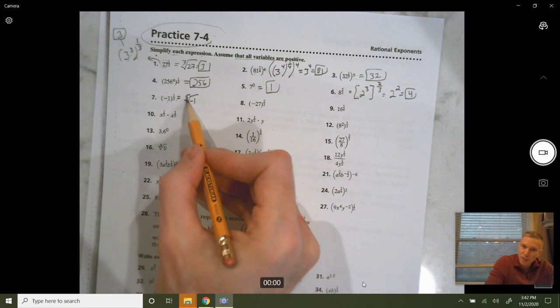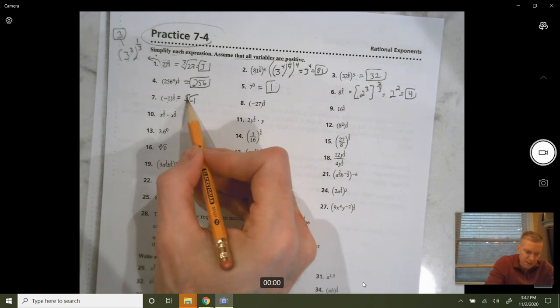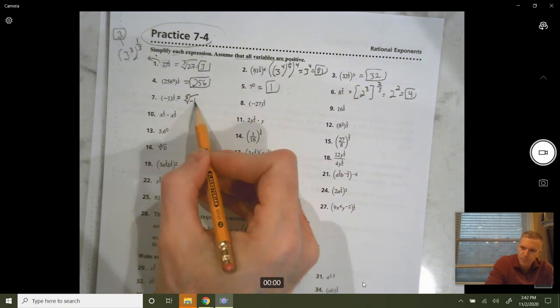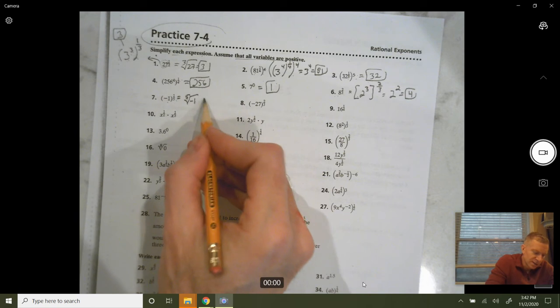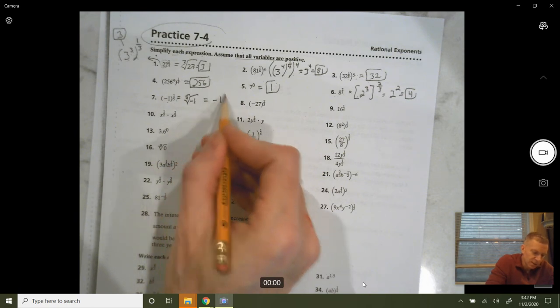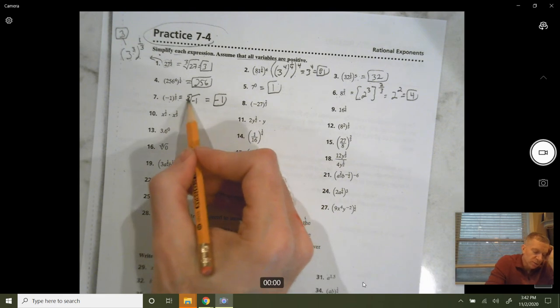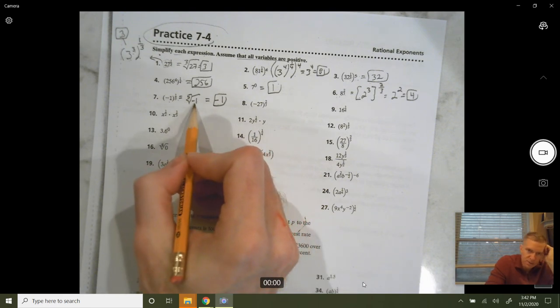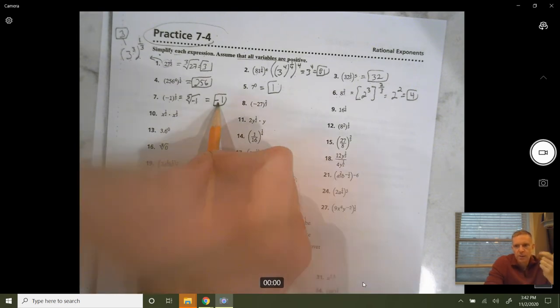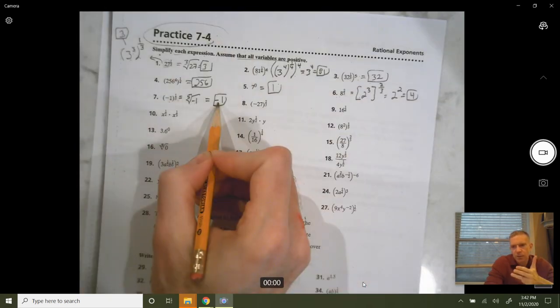But if we're multiplying by itself 5 times to get this number, well, that can be negative. If you have a negative number multiplied by itself 5 times, you get a negative. This actually ends up just being -1. Think about that. What number multiplied by itself 5 times gives you -1? Well, -1 does. -1 times -1 times -1 times -1 times -1 gives you -1.